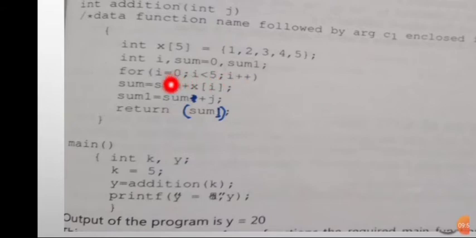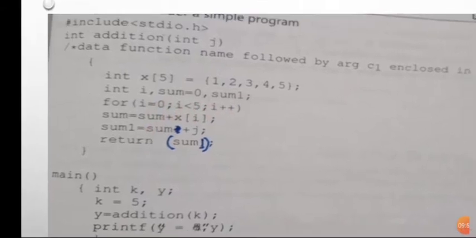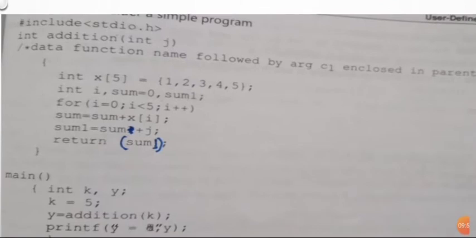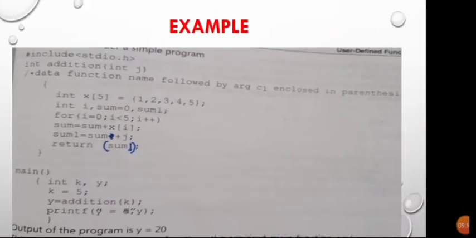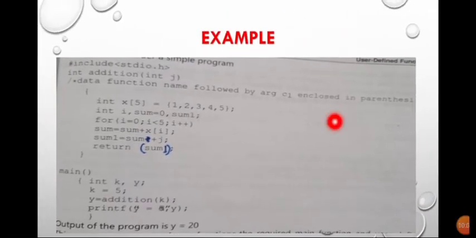So you just recall the previous syntax. What is written there? In that previous syntax we have the integer data type, next function name, then argument. So likewise here the data type is integer, the function name is addition, and here you have the argument, that is int j, that means the values will come from j itself.